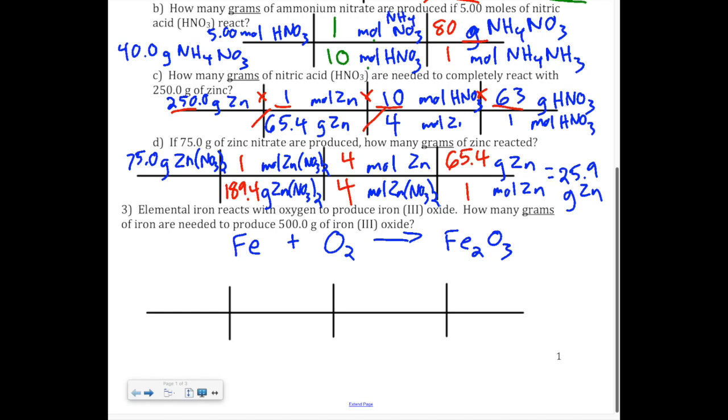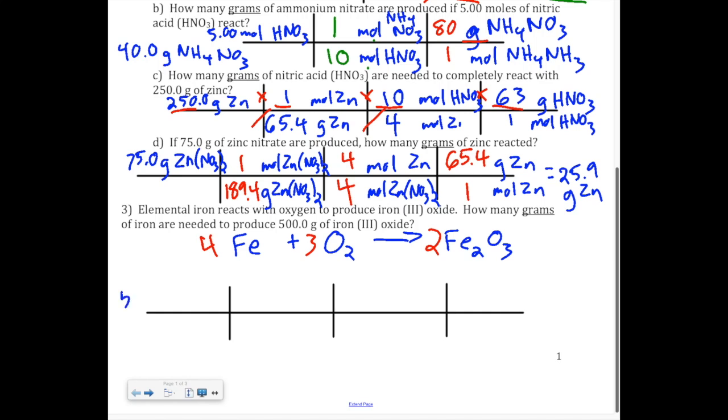Right? So I need to balance this equation. That means I'm going to need a 4 here, a 3 here, and a 2 here. Once that's squared away, we can now start with our stoichiometry.